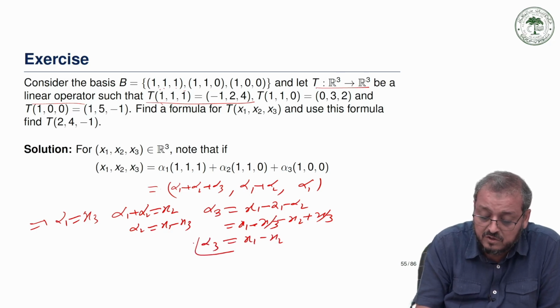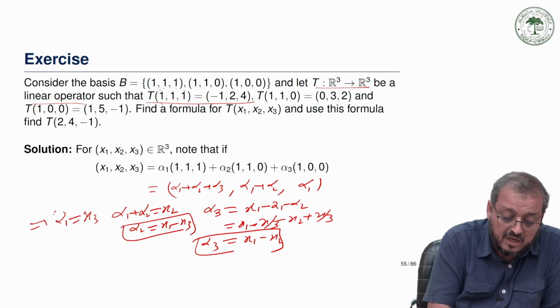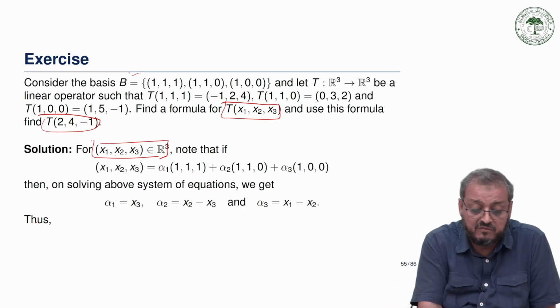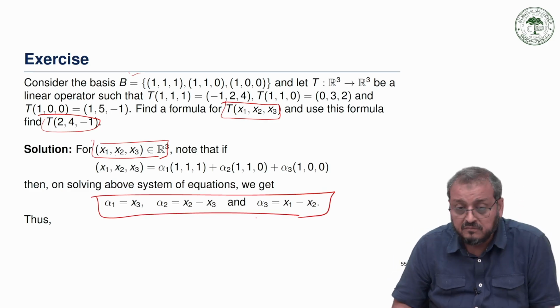So alpha 3 is equal to x1 minus x2, alpha 2 is equal to x2 minus x3, and alpha 1 is equal to x3. After simplifying we get into this equation.